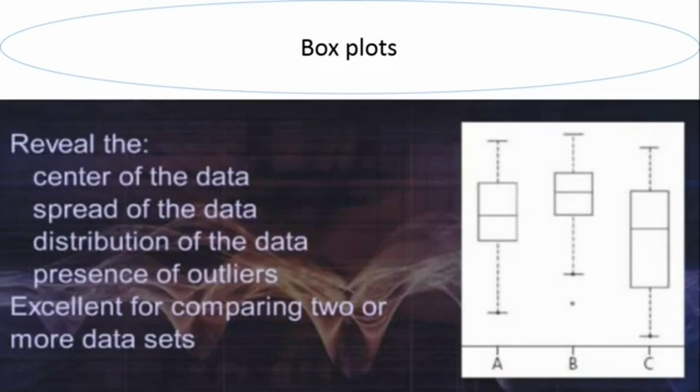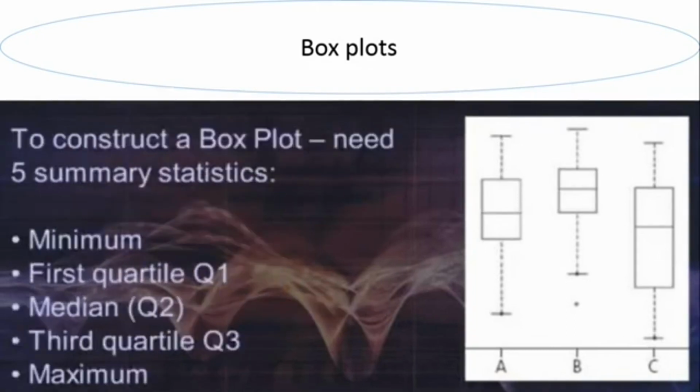As we can see in our sample, you have A, B, C, and each of A, B, C has different percentiles. To construct the box plot, we need five summary statistics: the minimum, the first quartile Q1, the median, which is Q2, the third quartile Q3, and finally the maximum.